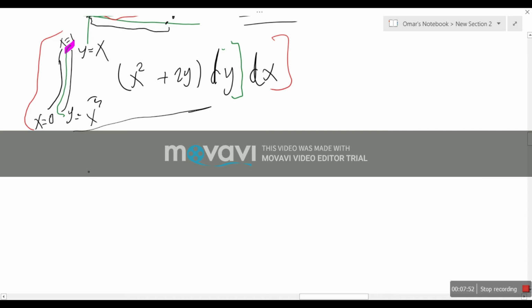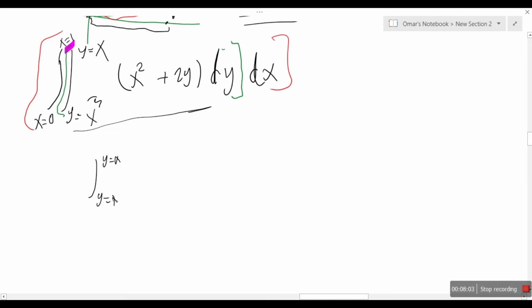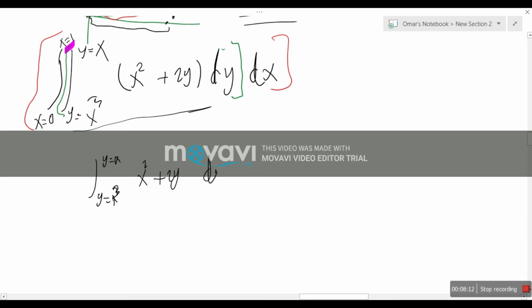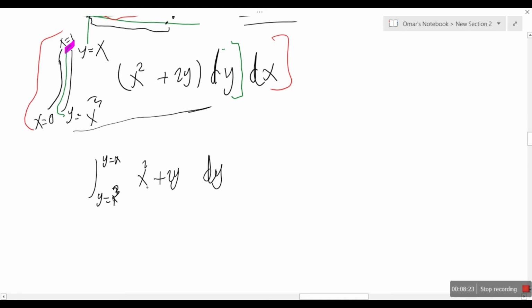Now, we have the integral from y equals x to y equals x cubed of x squared plus 2y dy. Because of the x squared, we're going to treat the x's as constants, and we're going to integrate with respect to y.